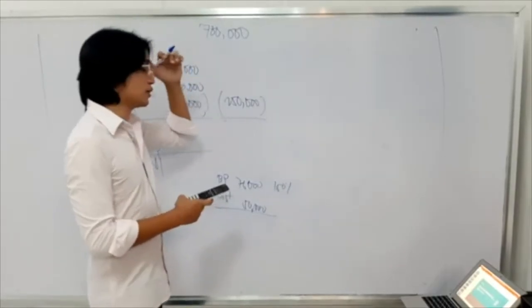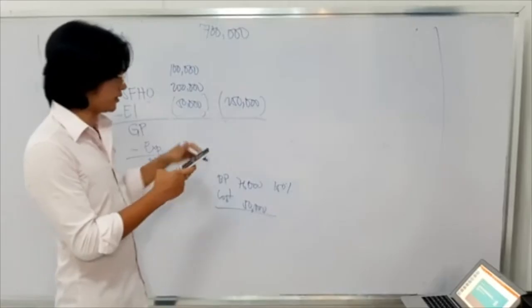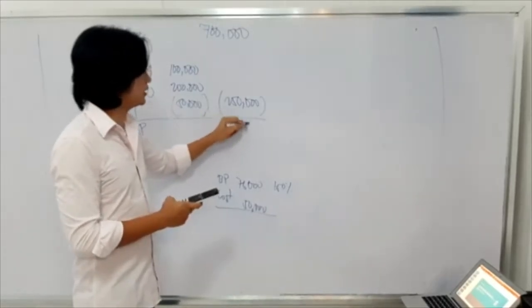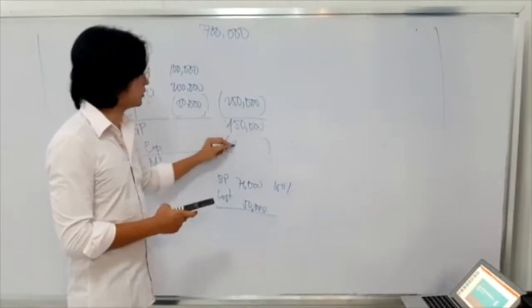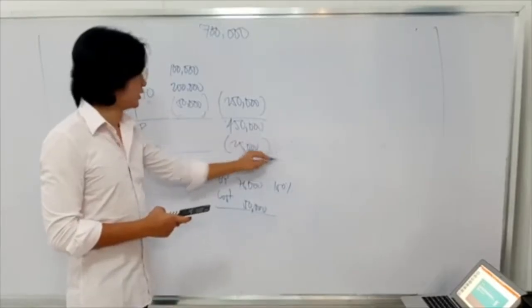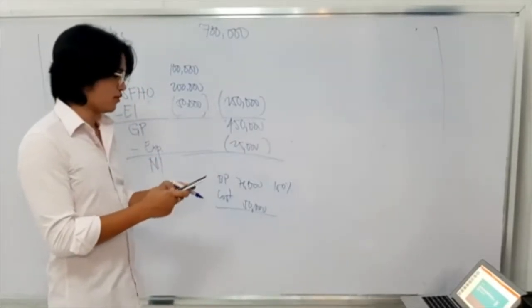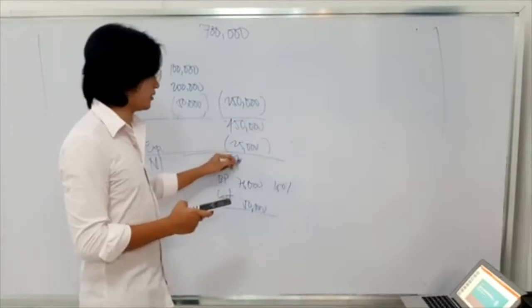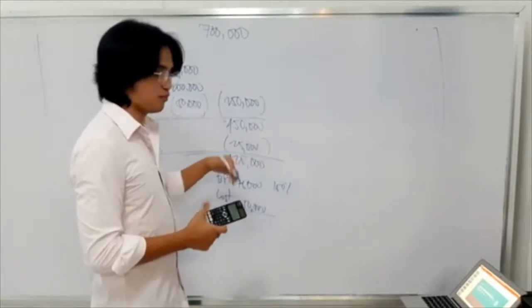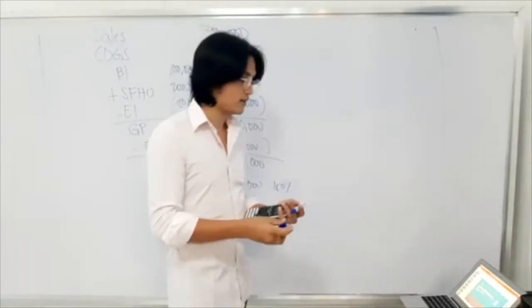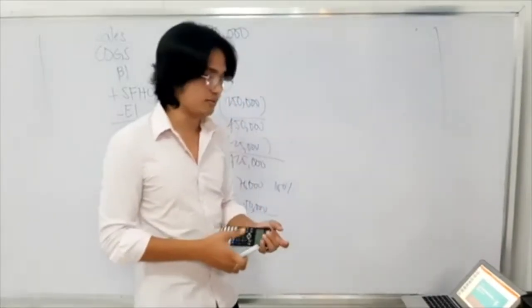So sales minus cost of goods sold, we get our gross profit, 450, less expenses amounting to 25,000, we have our net income 425,000, which is basically the same as with method number 1.